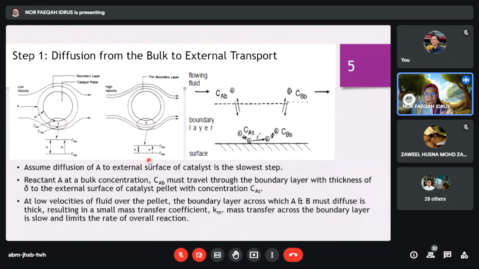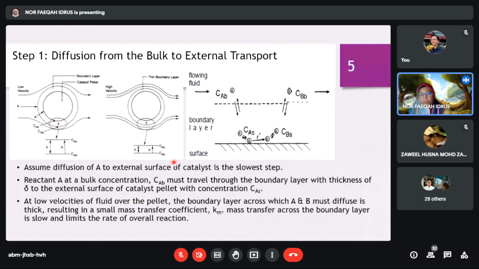So the time required for the reactant A to travel from bulk fluid to the external surface of catalyst jadi more faster lah.